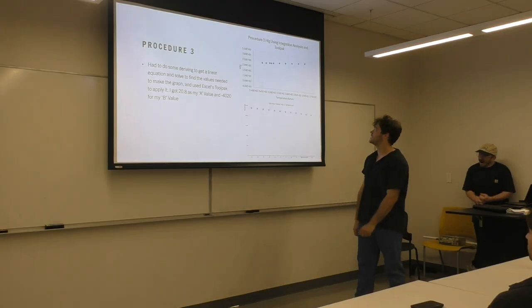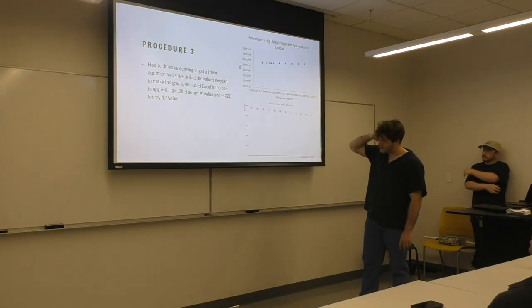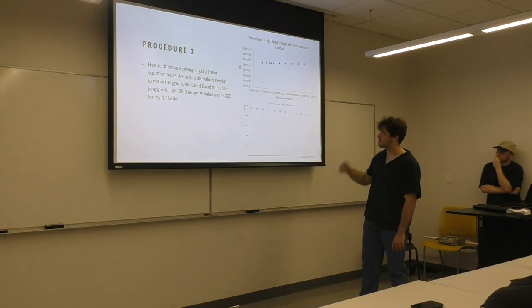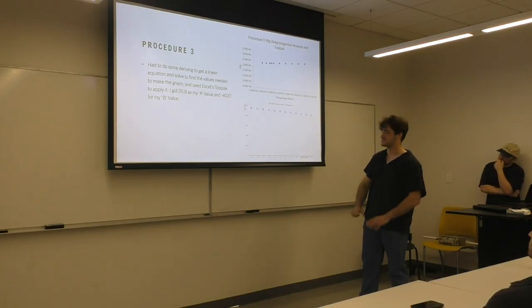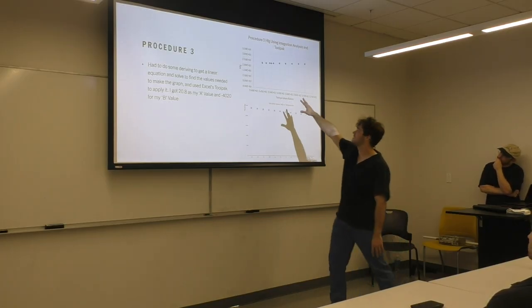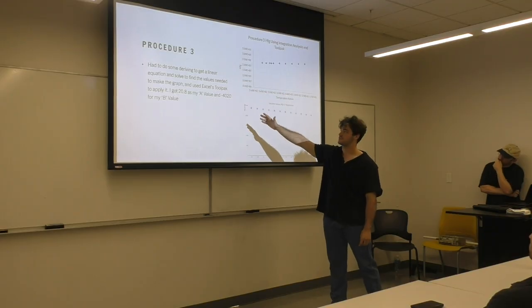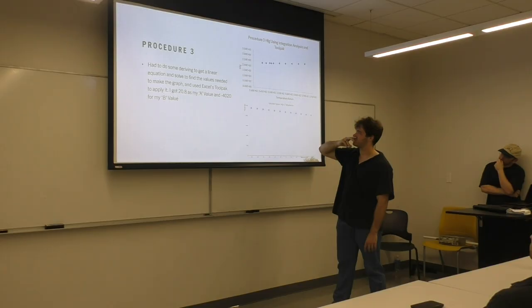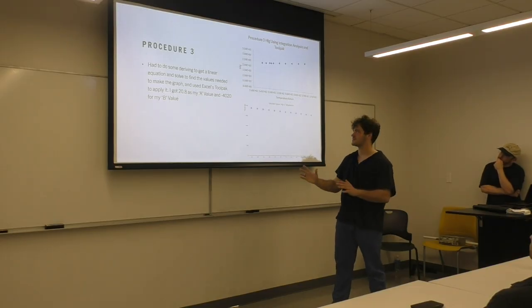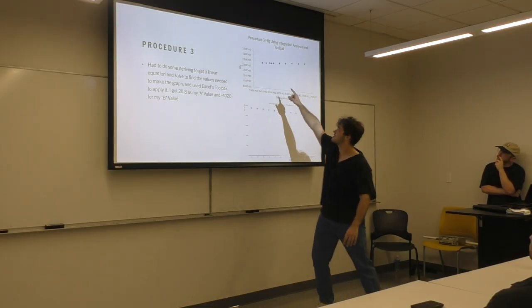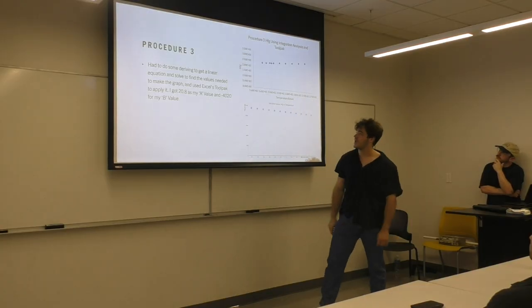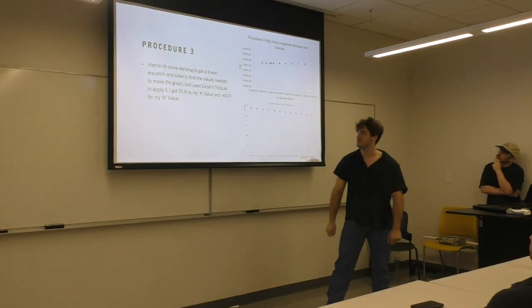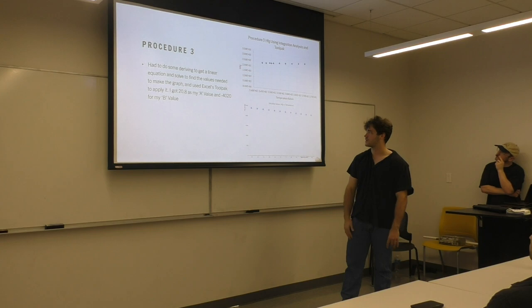Last was procedure three, and this was a pain to figure out how to do. Maybe it's because I was trying to do it just raw, but essentially you had to use Excel's Analysis ToolPak. You had to get an A value, a B value, and then some others. It was annoying, but I got it, and this is what I ended up getting. My A value was around 20.8, and my B value was negative 4020.